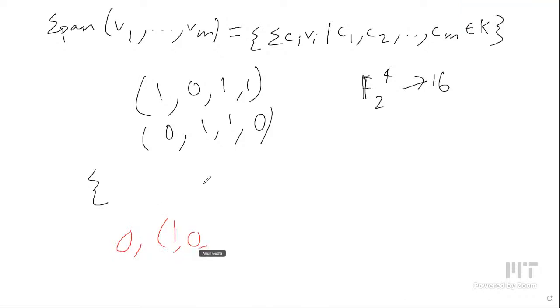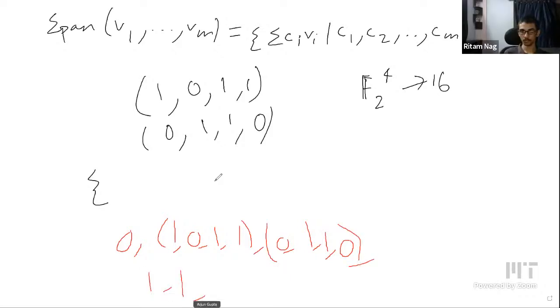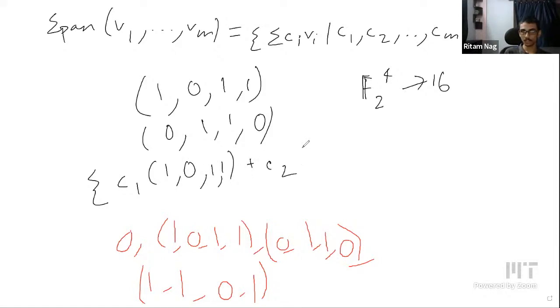Yes, this is correct. These are indeed the 4 elements. So do you see why? You can choose C1 times 1 0 1 1 plus C2 times 0 1 1 0, and C1 and C2 can each be 0 or 1.